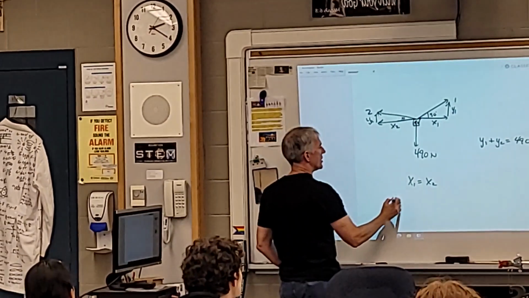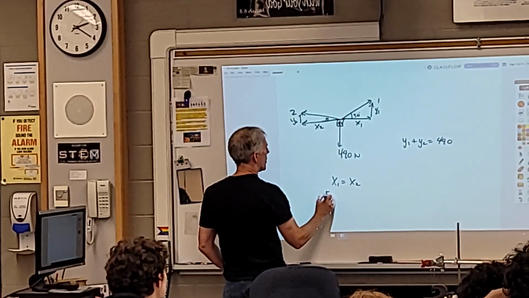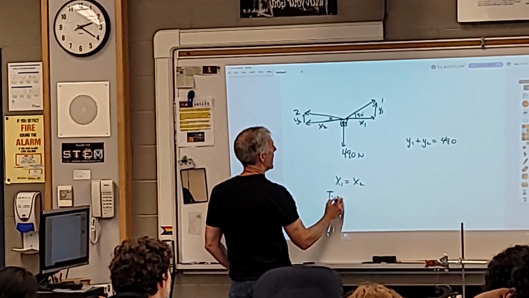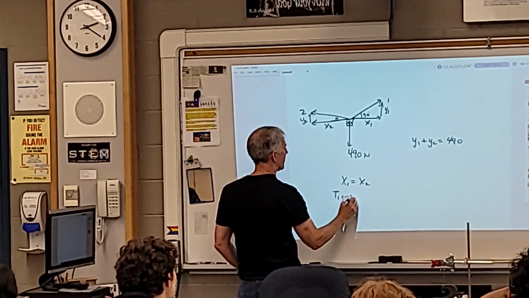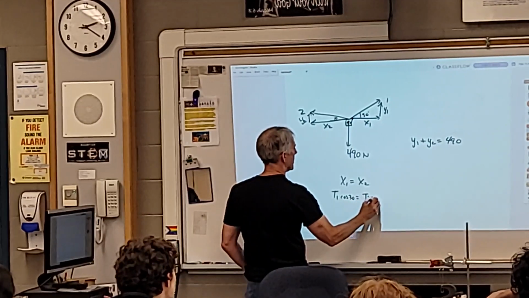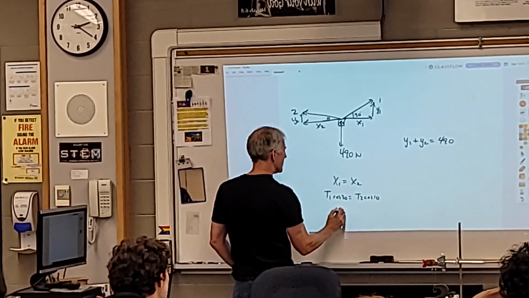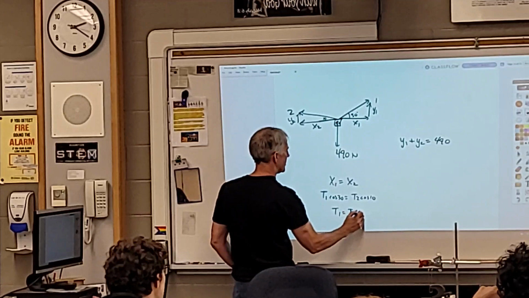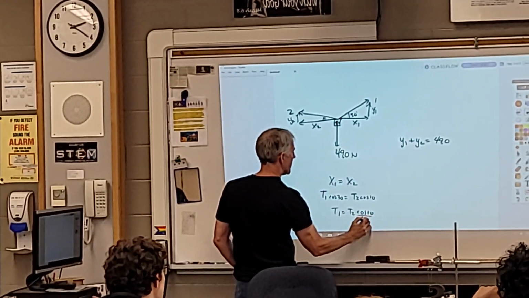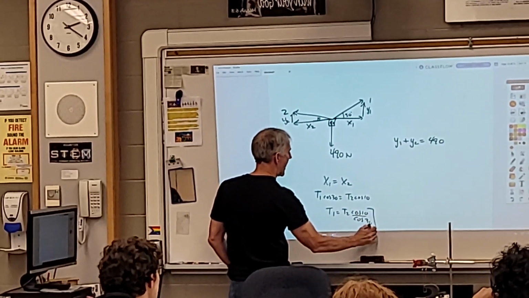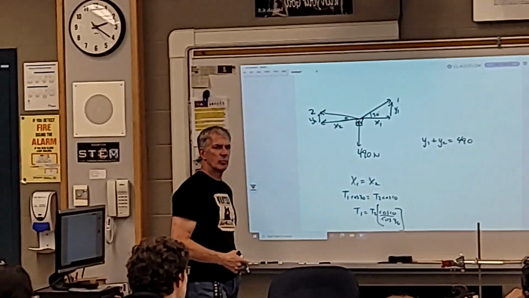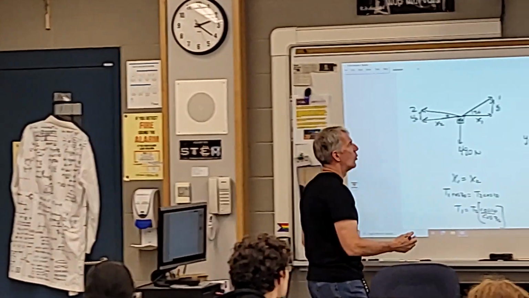So X1 is just basically force 1 or T1, and I would go cos of 30, T2, cos of 10. So T1 is just T2 cos 10 divided by cos 30. For that, I can get a number. That's about as far as it goes.